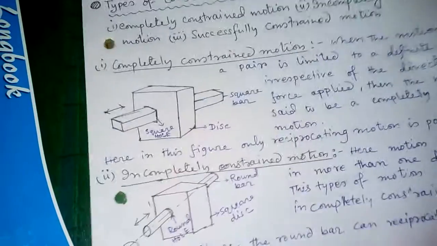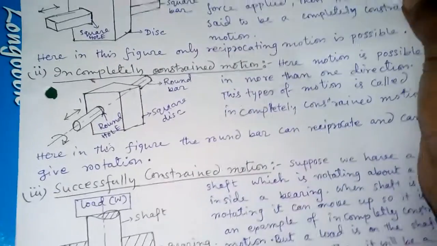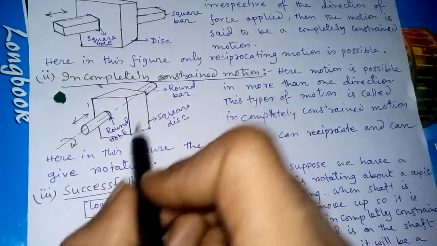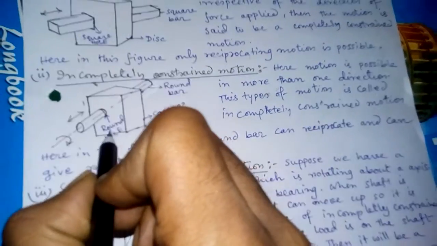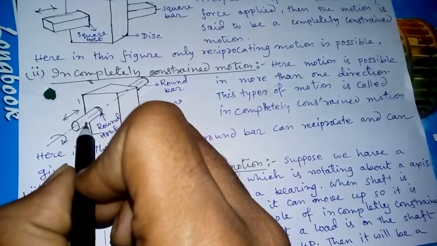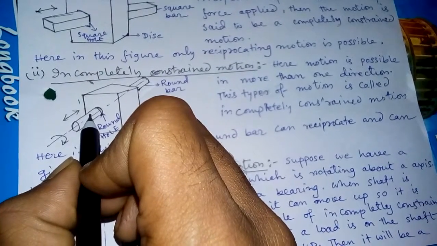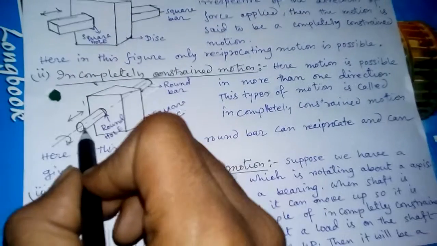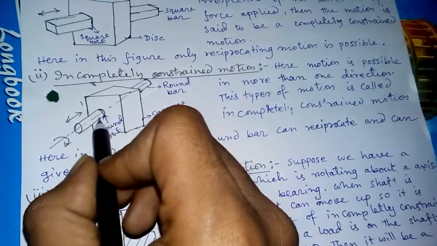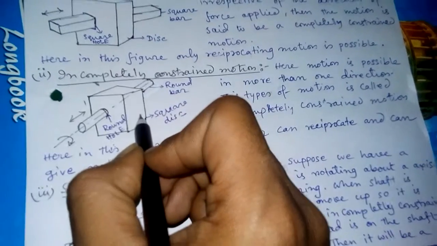Okay. Next is incompletely constrained motion. Incompletely constrained motion means there will be more than one direction of motion. That will be called incompletely constrained motion. Like here is a round bar and it is penetrated through a round hole in a square disc.